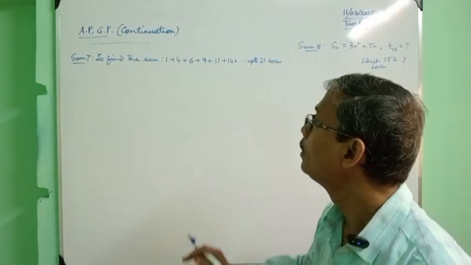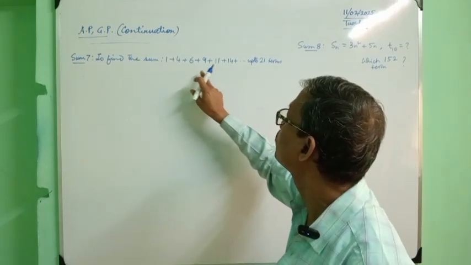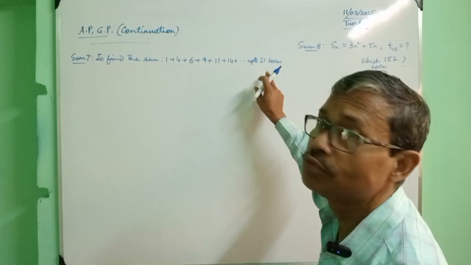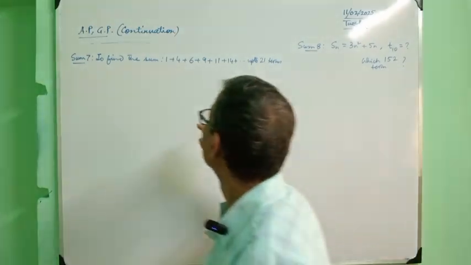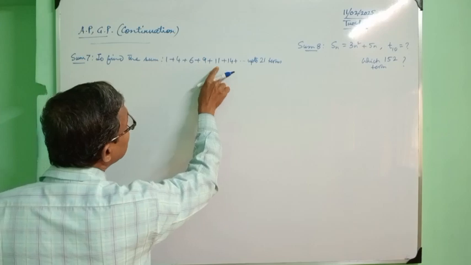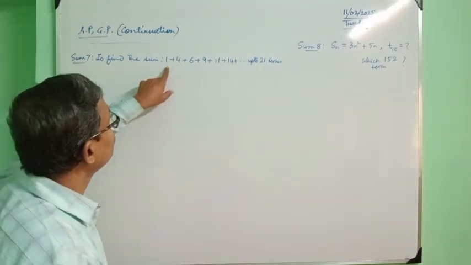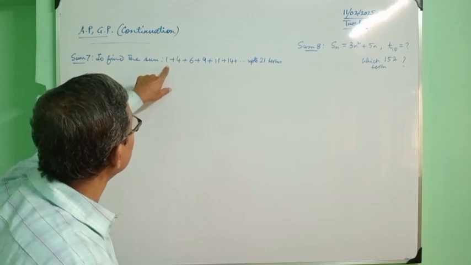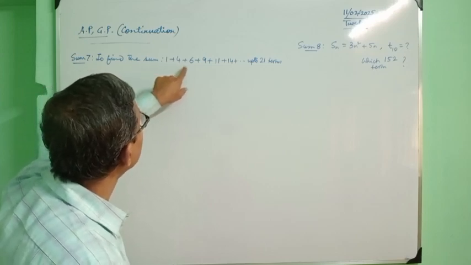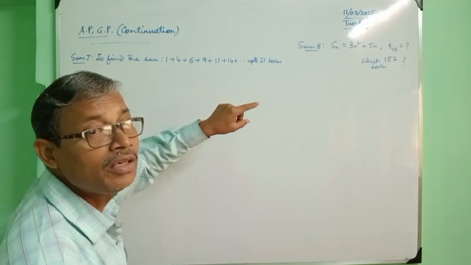Next sum, I am going to find the sum of 1, 4, 6, 9, 11, 14, up to 21 numbers. First we note 1, 4, 6, 9, 11, 14, etc. If you carefully note that 1, 6, 11, these are in an AP.